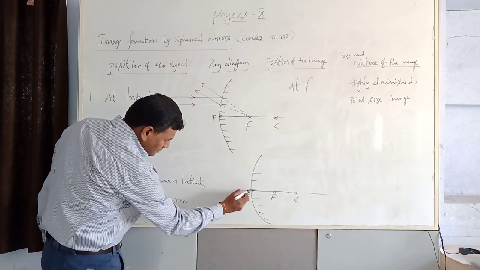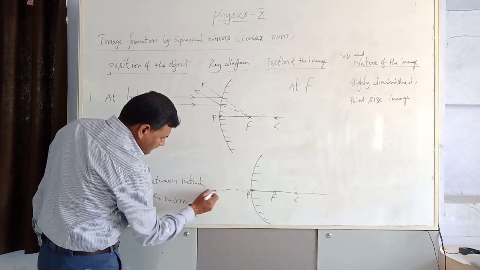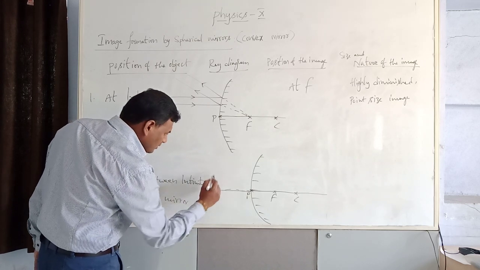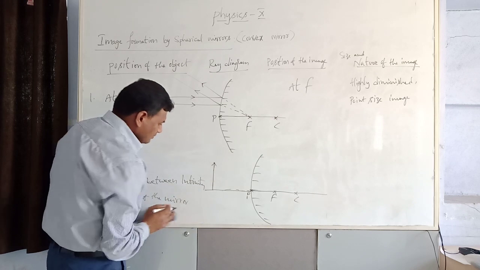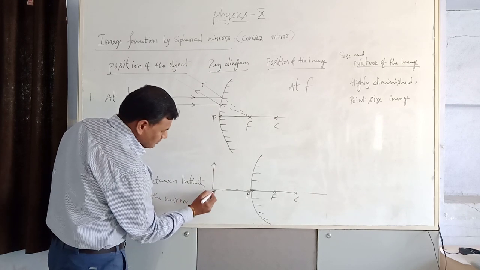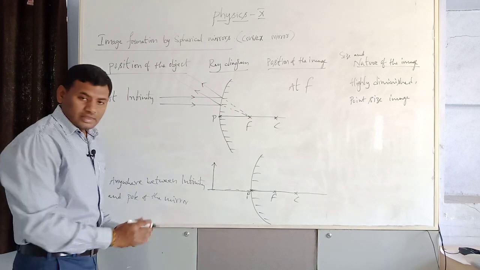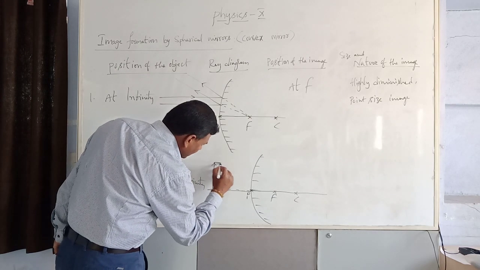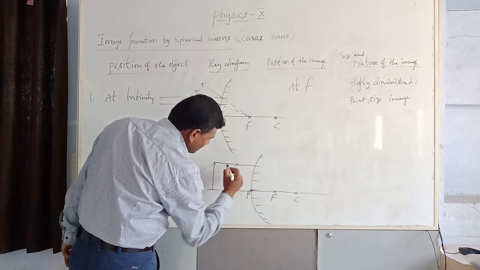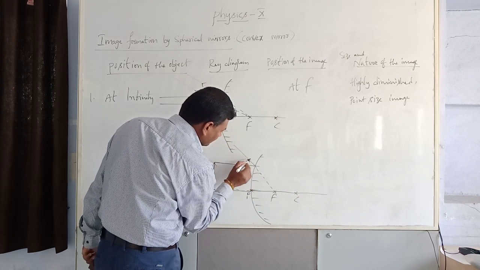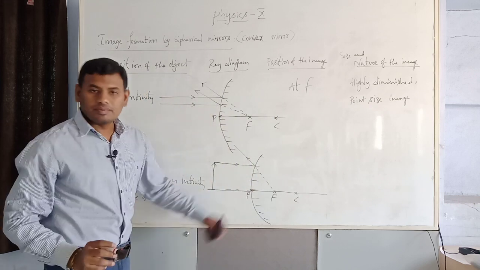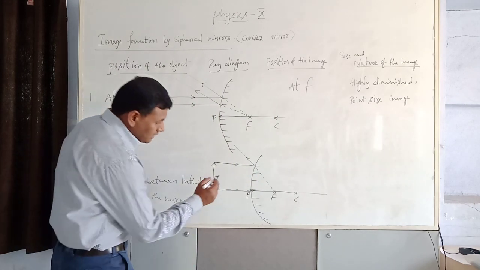Now let this be the position of the object. Now consider a parallel ray. It diverges in such a way that it appears to come from the principal focus.